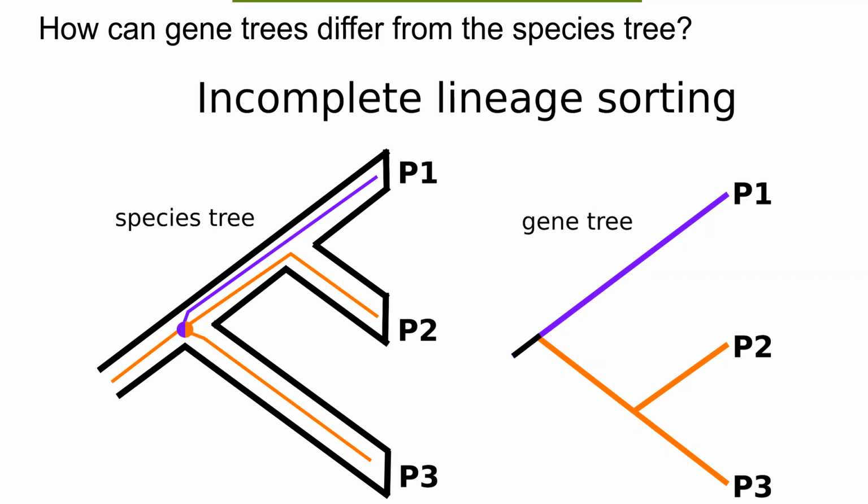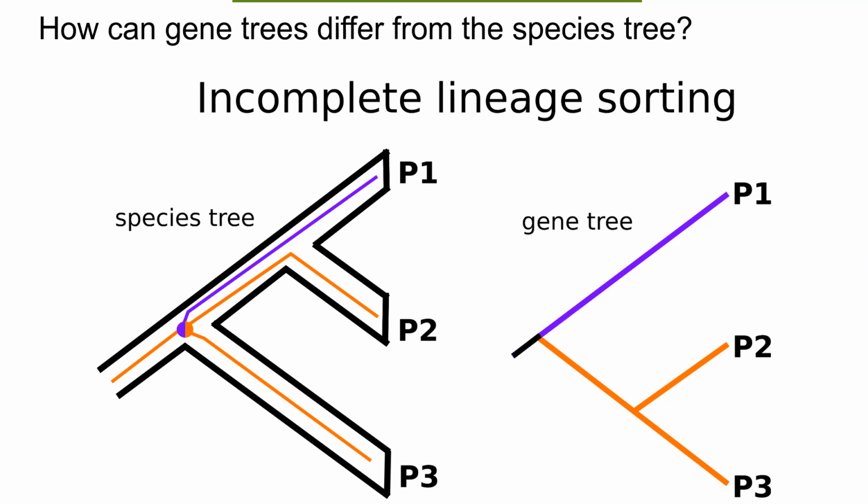And in that case, now P2 keeps orange and P1 gets purple. So if we just look at the relationship between the genes, it's going to look like that on the right. It's going to show us the wrong relationship between P1 and P2. It's the right relationship between the genes, but it's the wrong relationship between the species. This is something you expect to always be happening in the background of all evolutionary events.